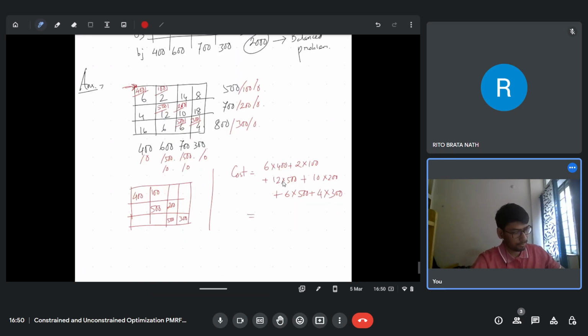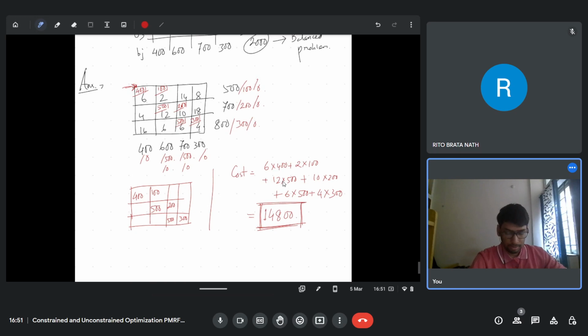So this is 26 and 60, that's 86 plus 2106 plus 3136 plus, well, 14, so this is 14800. Yeah, so that will be your answer. So this is fine. This is by the northwest corner method.